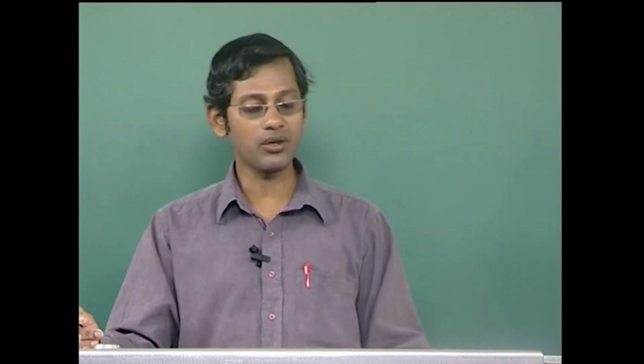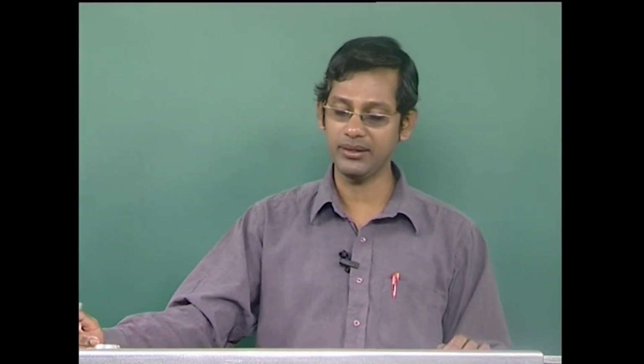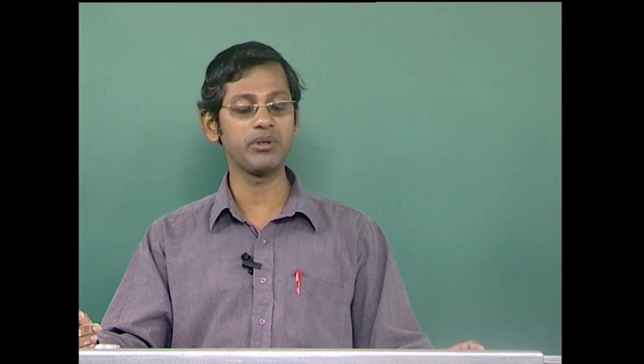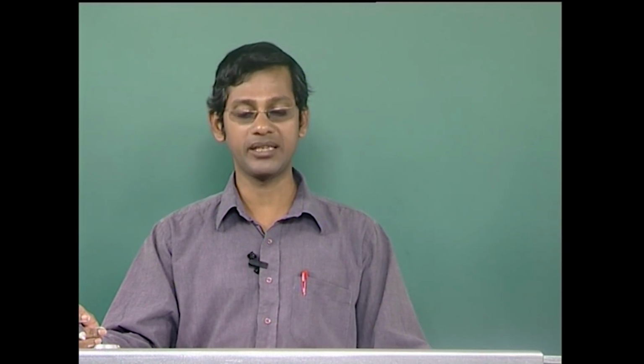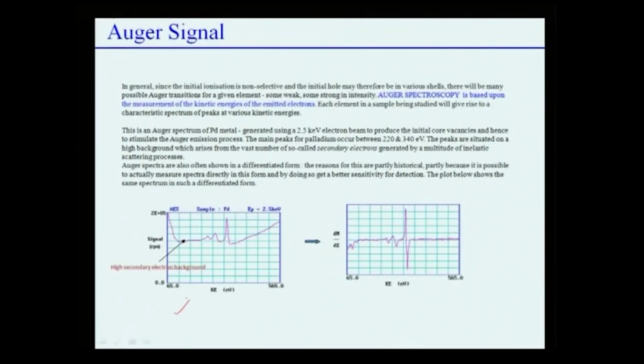So AES spectra are often shown in differentiated form. The reason for this is partially historical, and partially because it is possible to actually measure the spectra directly in this form, and doing so gets better sensitivity of detection. The plot actually shows an N(E) spectrum. This is the signal versus kinetic energy.